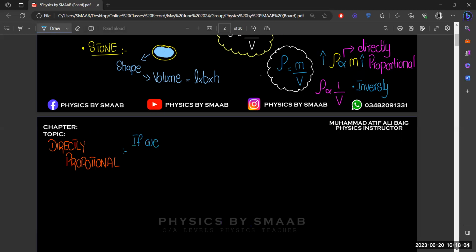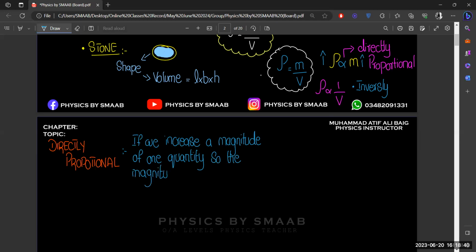If we increase the magnitude of one quantity, the magnitude of the second quantity will also increase, right? Any confusion?